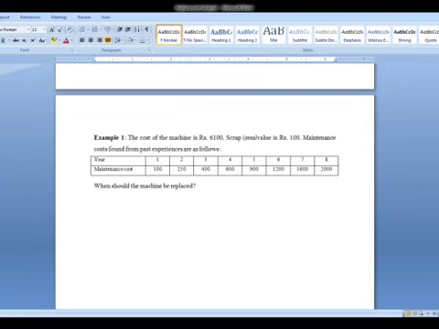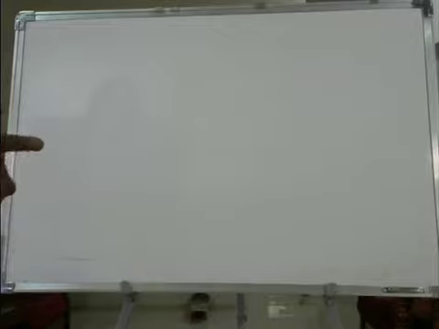Now let us see how to basically solve these problems. Okay, so we have the board here. Now here in this problem, they have given you 8 years, so we have to take a few columns.